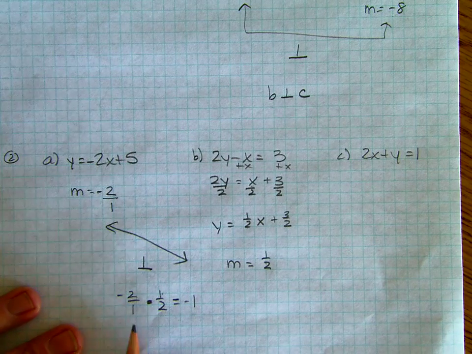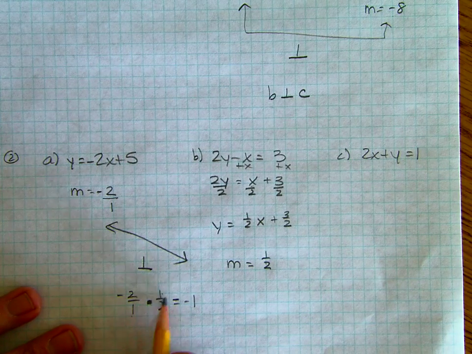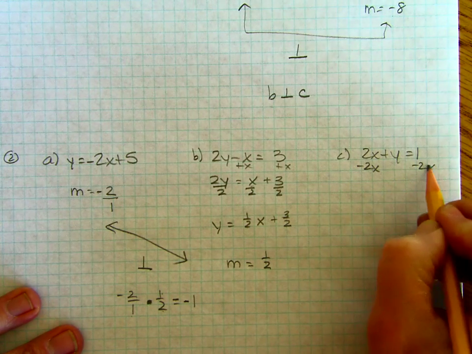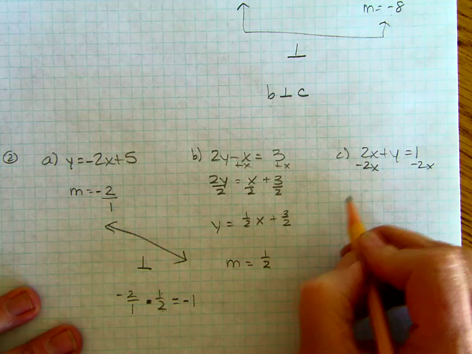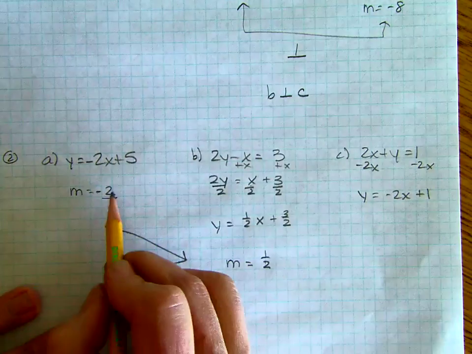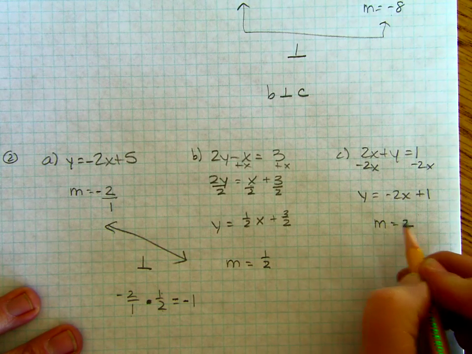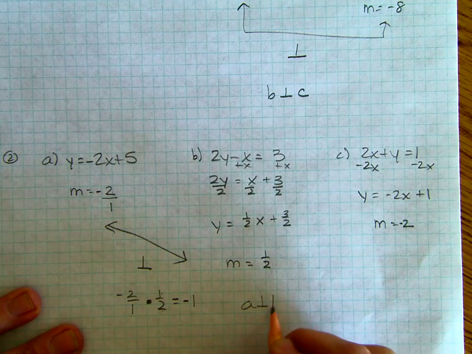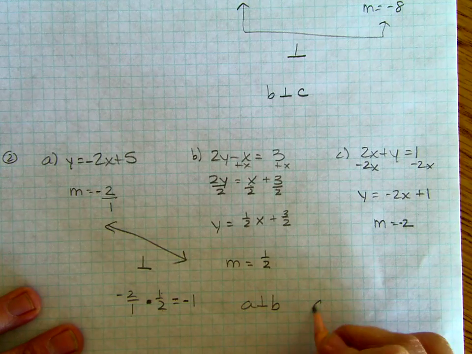Sometimes they say if you multiply the two slopes and the product is negative 1, the two slopes are perpendicular.